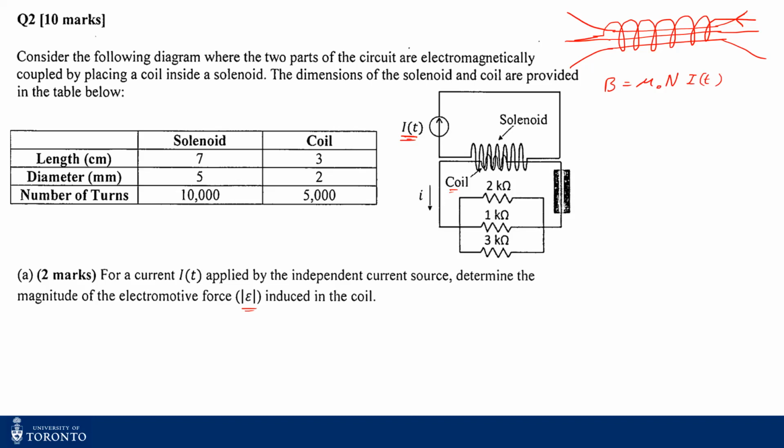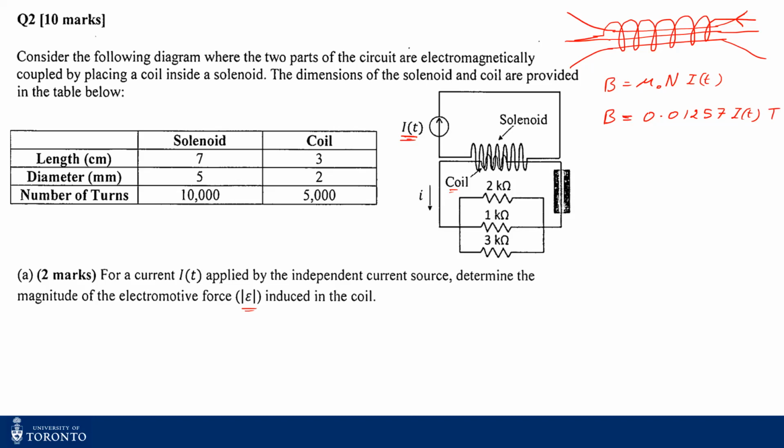Now your N is basically 10,000 in this case, and mu naught is the constant. So if you plug in the values, you'll end up having this much I(t) Tesla flowing inside the solenoid.